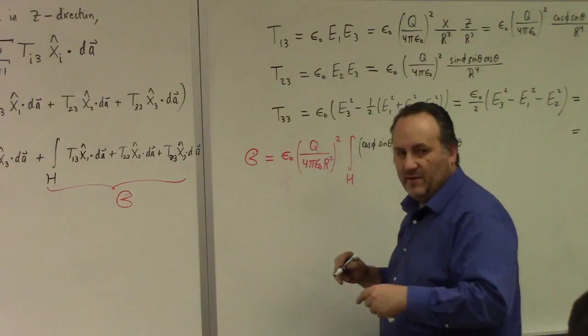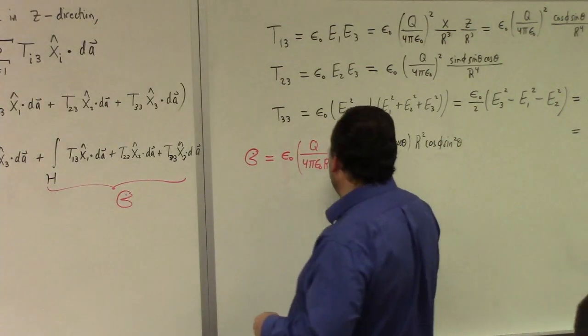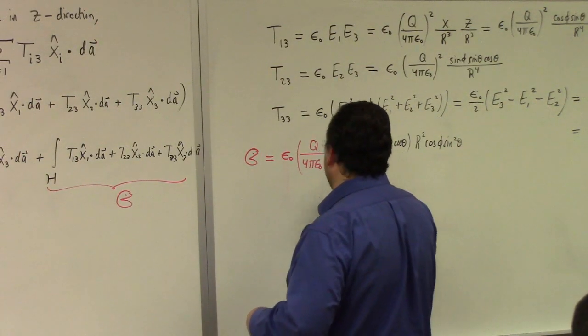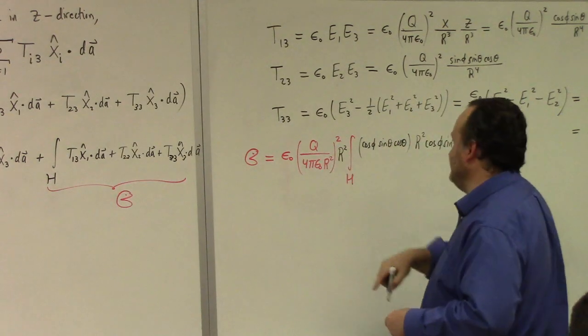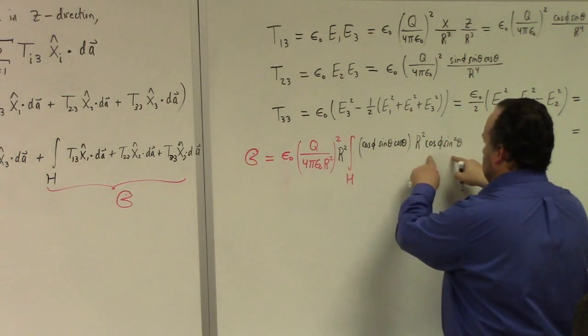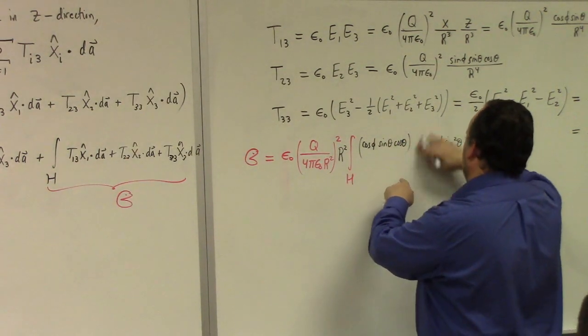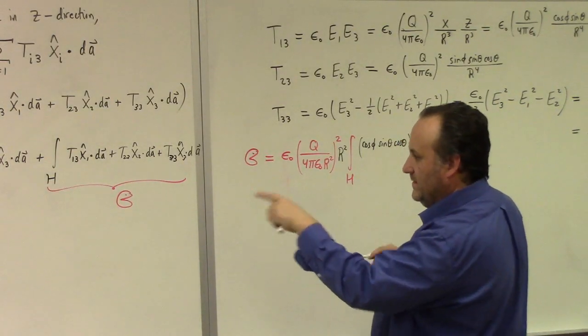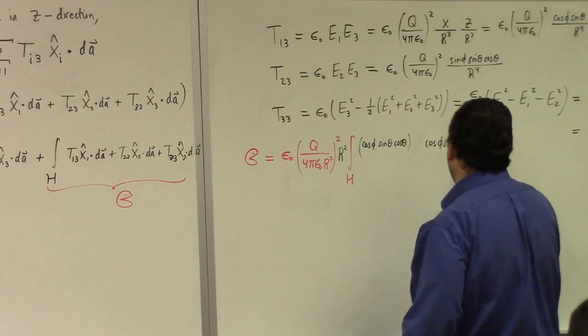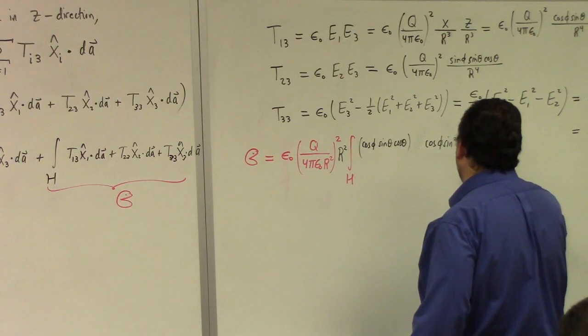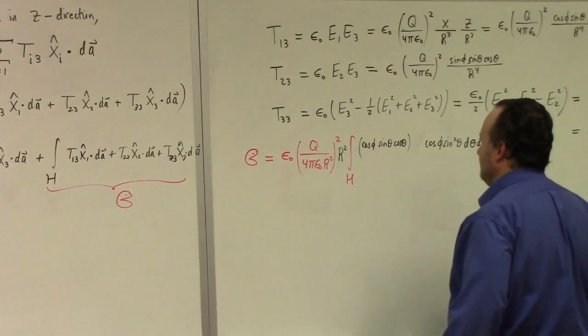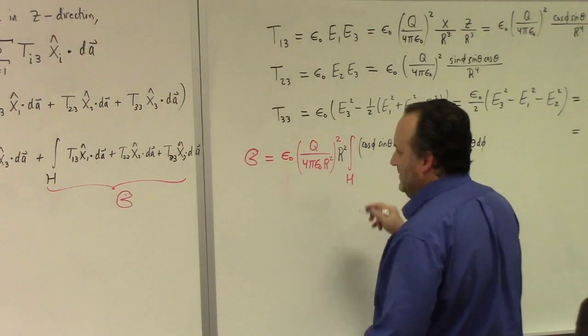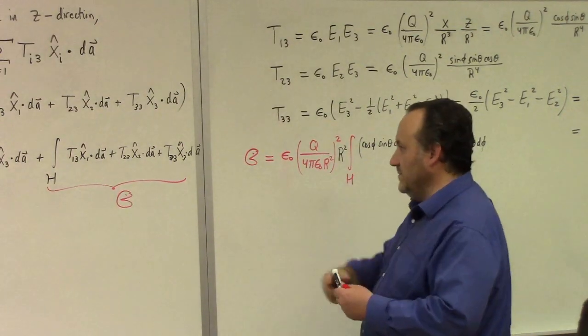There's going to be an r squared everywhere. Let's just put that out here. So I got that, and then d theta d phi, right? That's just the first term.